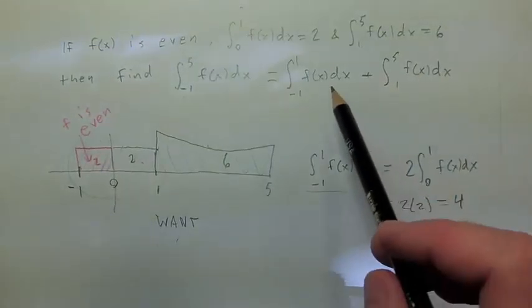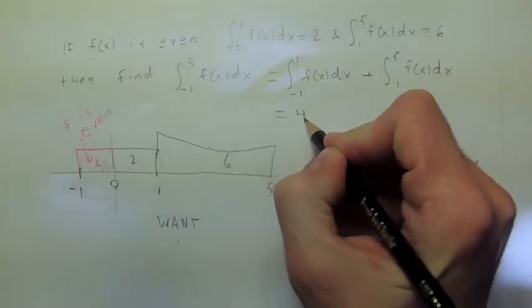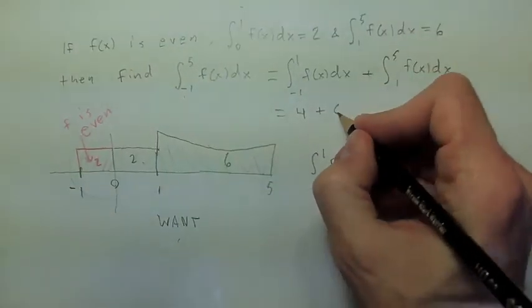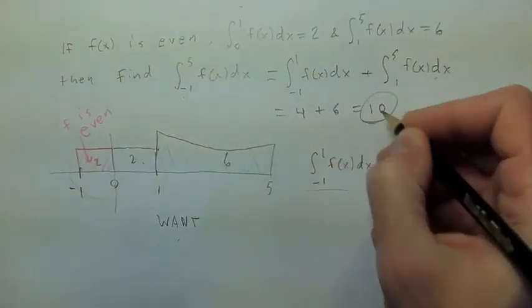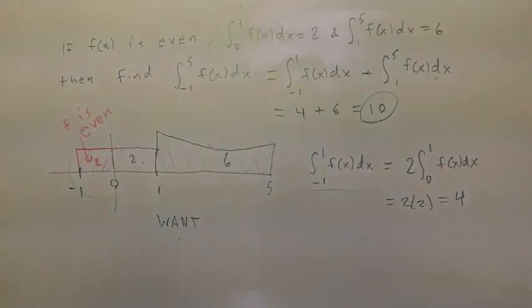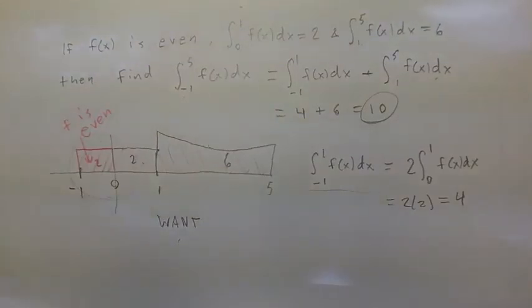So I know that this piece is 4, and I know that this piece is 6, which comes out to be 10. Okay, so that is that essentially. You'll have a couple of problems to help with practicing this.